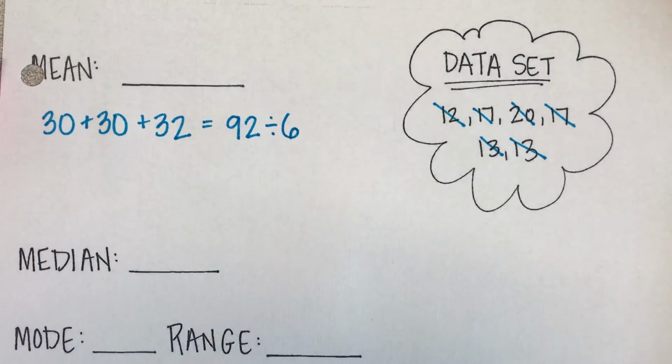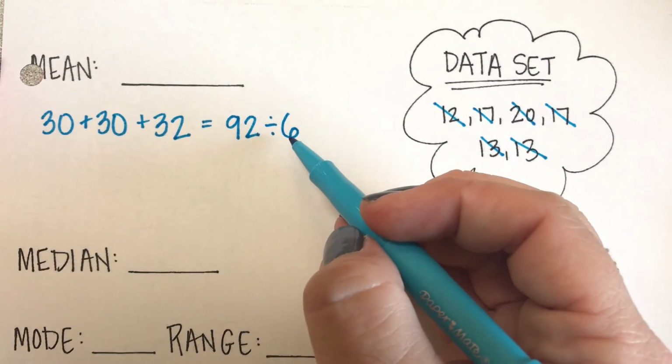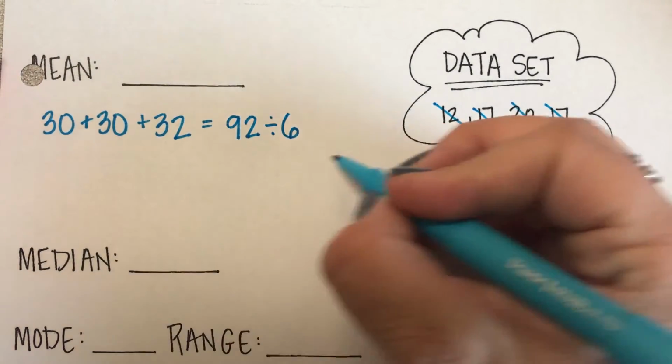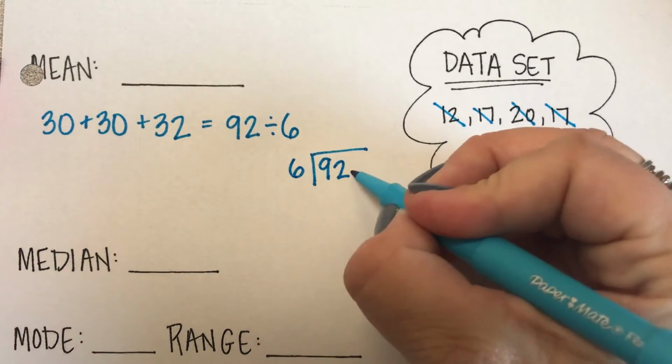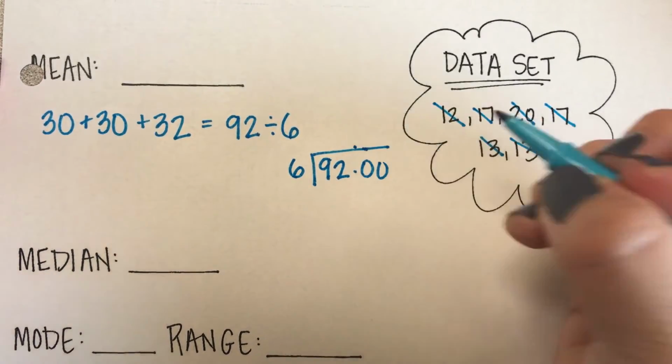Okay, and then I know that 6 times 10, well, let's just go ahead and work it out. I'll just do it over here. So 92 divided by 6.